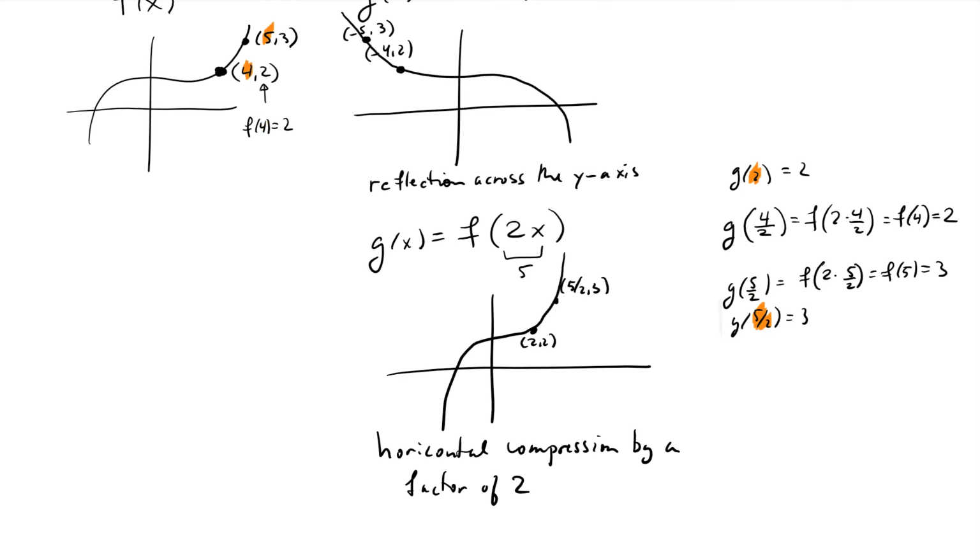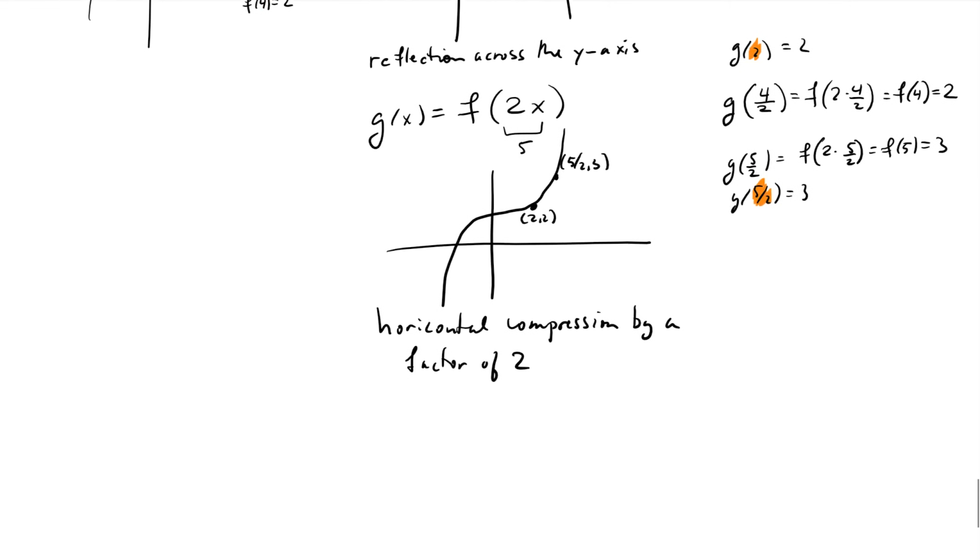And if we would have g of x equal to f of 1 half of x, everything would be twice as far away from the y-axis. So then it would be a horizontal stretch by a factor of 2.